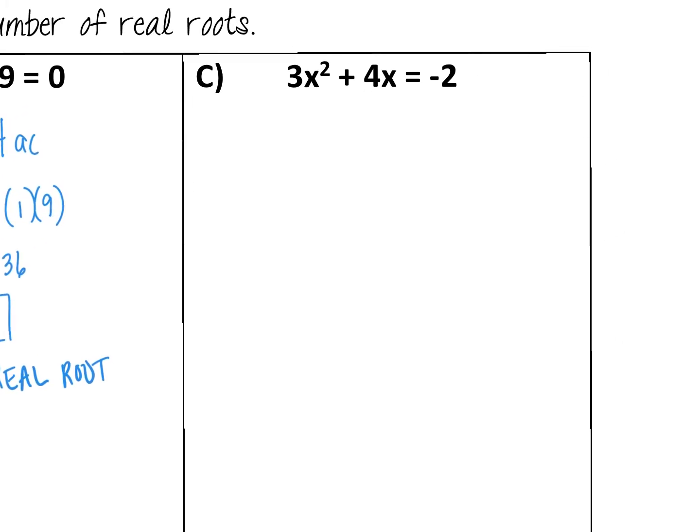Okay, last one is not in standard form. So you have to start by putting this into standard form so you can identify what your A, B, and C are. Okay, so A is 3, B is 4, C is 2.